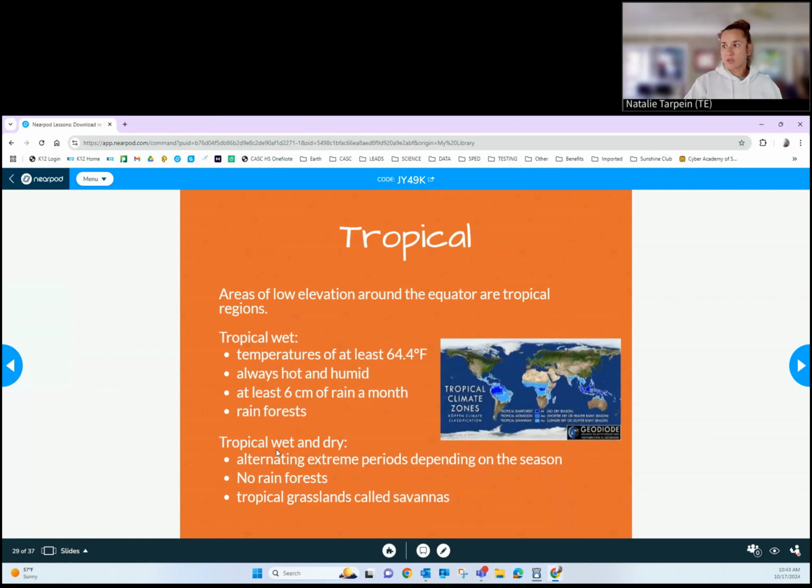And then there's also tropical wet and dry. So that means alternating extreme periods depending on the season. A lot of times there's going to be a really rainy monsoon season in these areas, and then on the other extreme, dry seasons. And so that's going to be the middle blue, if you can see it, it's kind of hard to see on the map.